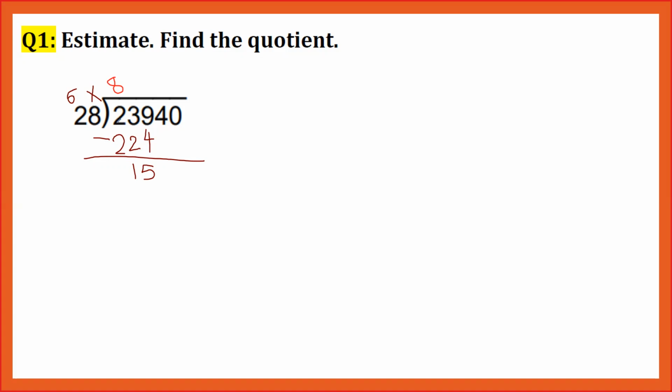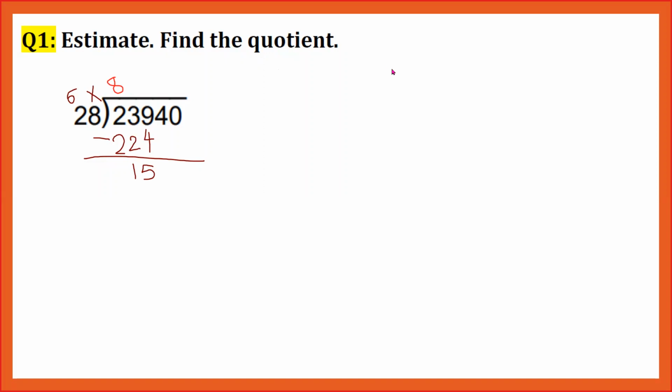Because here, if you look at 23, can you divide 23 by 28? No. No, you will divide 239. So that's why I wrote 4 under it. Okay. So here now the remainder is 15.